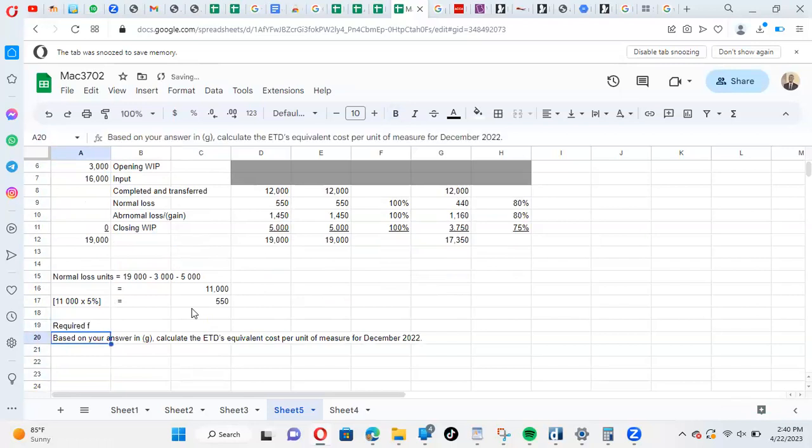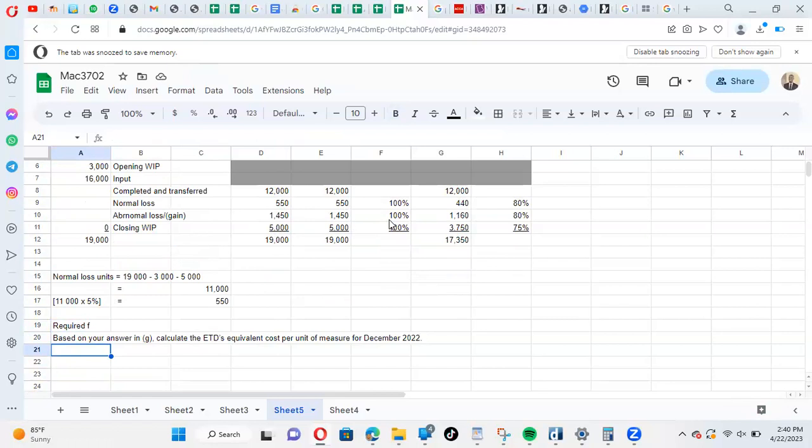So based on your answer in G, you basically need to calculate what those costs are for the period. So we basically want the cost per unit, the manufacturing cost per unit here. So materials at the end of the day, we have all these materials there.